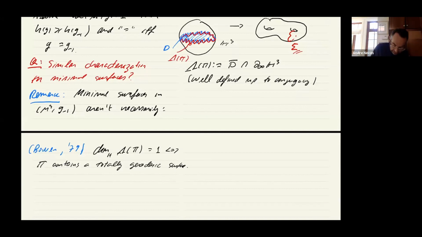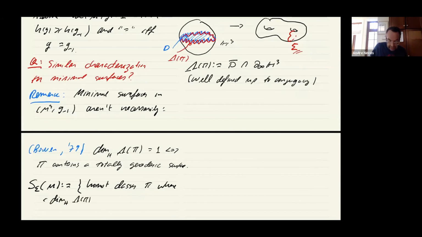Okay, so now let me introduce the last definition, which is S epsilon m. I look at all homotopy classes pi such that the Hausdorff dimension of the limit set is greater or equal than 1 and below 1 plus epsilon.